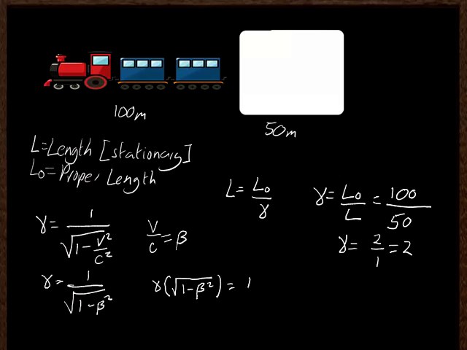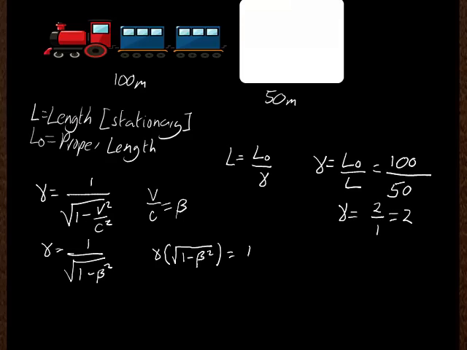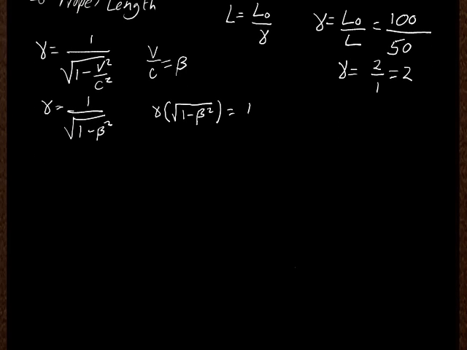So I'm bringing the gamma down underneath the 1, which will leave me with the square root of 1 minus beta squared, but remember I'm squaring everything as well, and so 1 over gamma squared equals 1 minus beta squared.